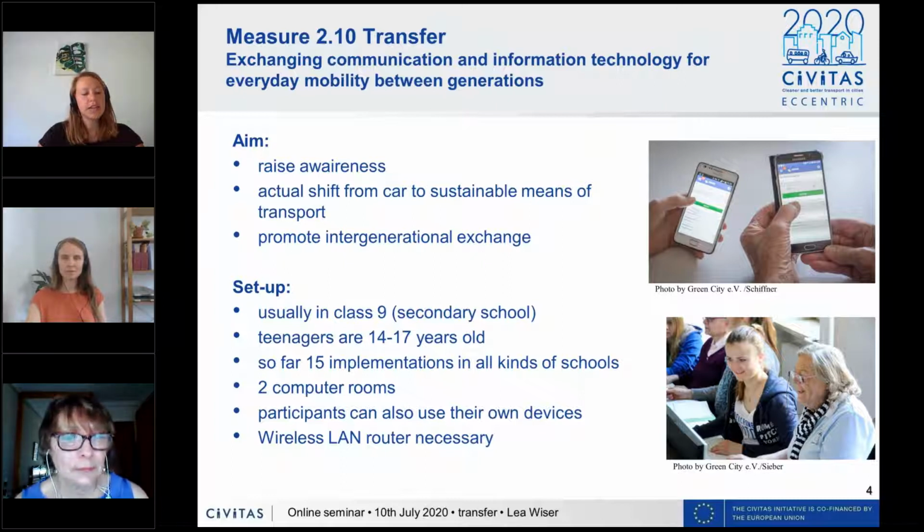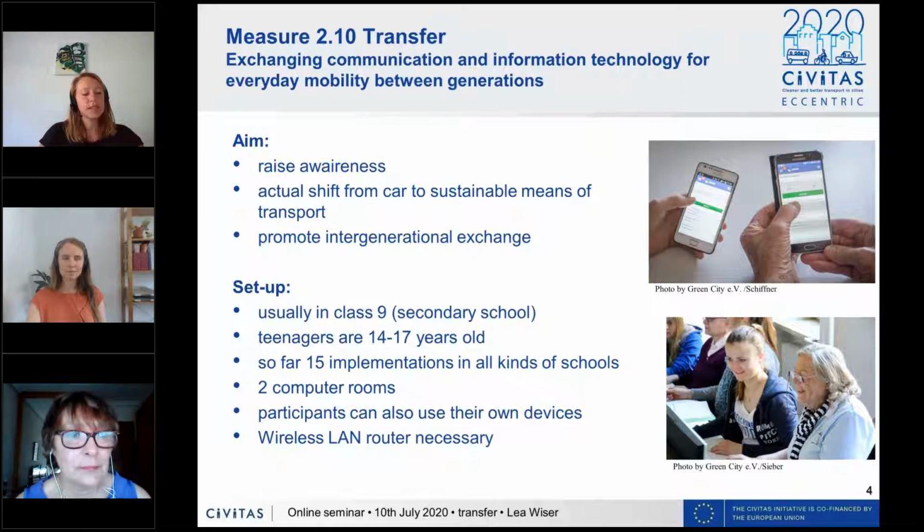And we actually also wanted the senior citizens to shift from the car to sustainable means of transport. And of course, we wanted to promote intergenerational exchange and create a room where this is possible. And we wanted both generations to experience joy when connecting.